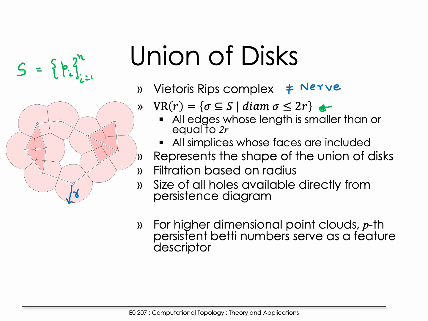Another way to think of this is as follows. Here we have a collection of points. Let me try to draw this point collection here. You start with the point collection, you look at the parameter r, and you look at every edge, and if the edge is smaller than 2r, then you insert it.